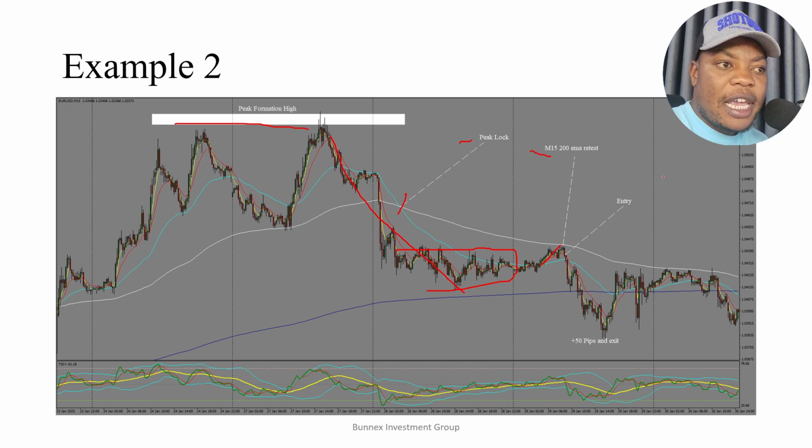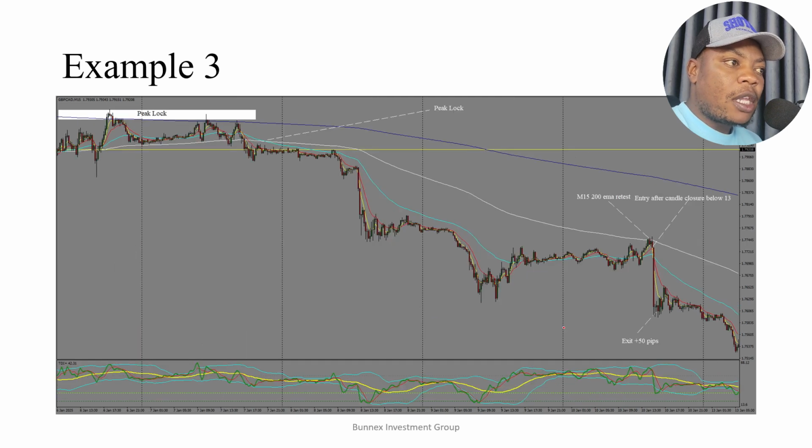The retest was issued, and after that the market closed below the 13 EMA and plus 50 was attained. It's $50 in your pocket, considering that you are trading a very small lot size like 0.1 on EUR/USD.